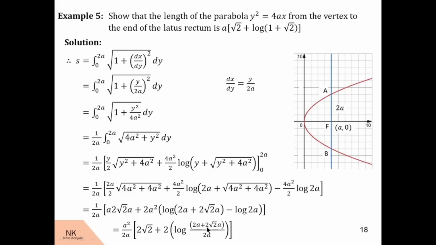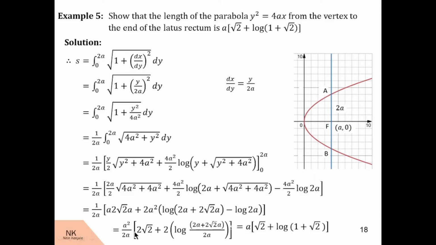Now finally, we take out this 2 and 2, which is a common term in the numerator, and that 2 will get cancelled with this 2. Same thing happens with this a. So this a and a will come out and it will get cancelled with this denominator a. So we will be left with log of 1 plus root 2.